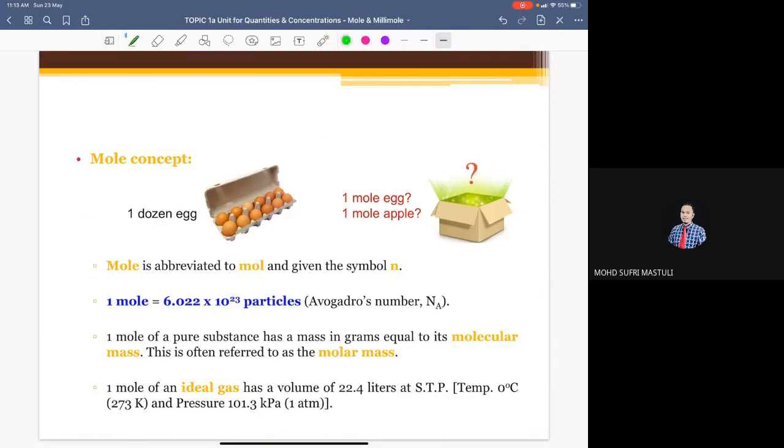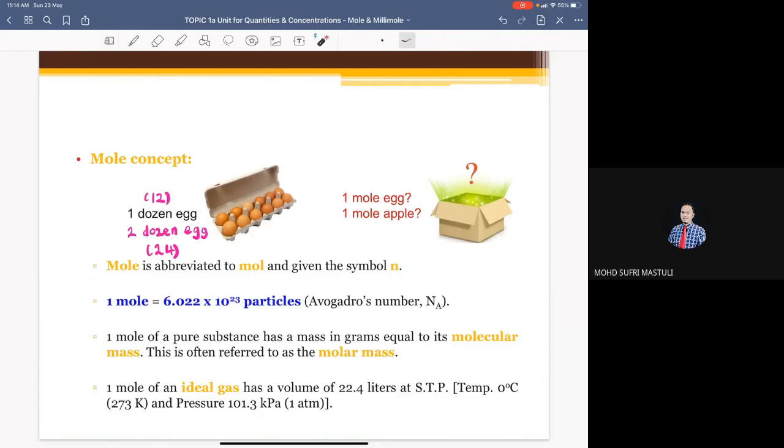Automatically, you understand 1 dozen of eggs is 12 eggs. If someone requests 2 dozen of eggs, you can tell it is 24 eggs.